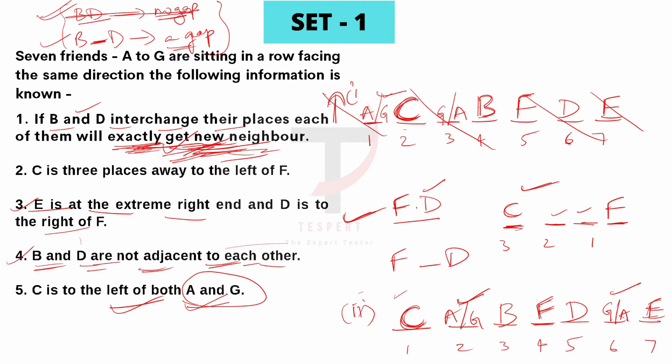Who is sitting at the second position? For instance, if there is a question like this, then the correct answer is cannot be determined, since we cannot determine whether A is sitting or G is sitting at the second position. Okay, just leave it like that.